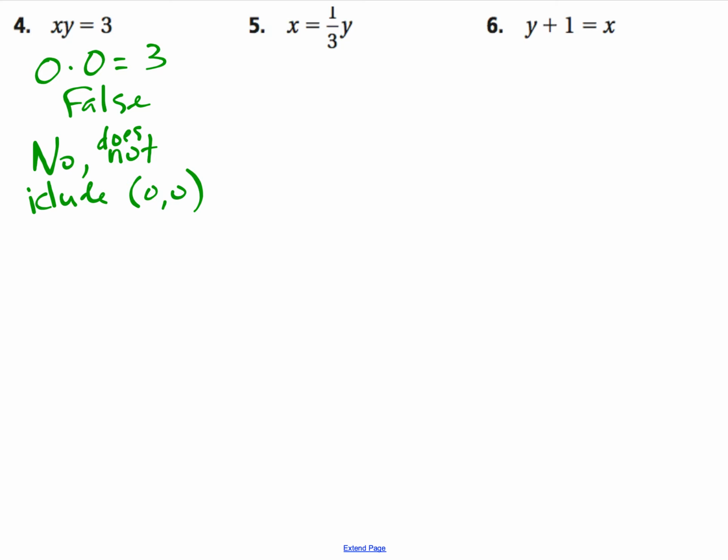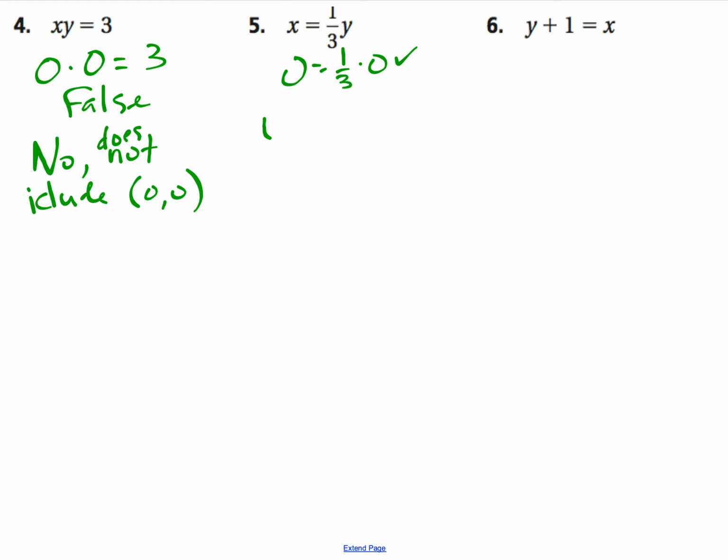The next one, if I try in 0, 0, 0 equals 1/3 times 0, it passes the first test. So let's investigate further, because that is true. It looks like one of the variables is equal to a number times the other variable. That actually makes it direct variation. We don't necessarily have to put it into the form y equals kx. Right now it's x equals a number times y.